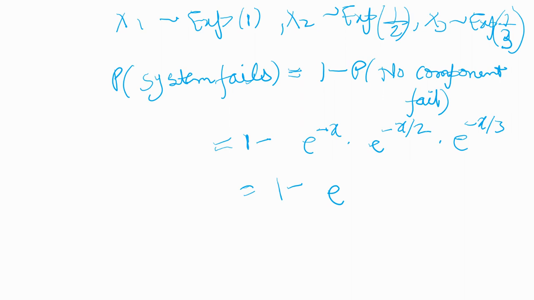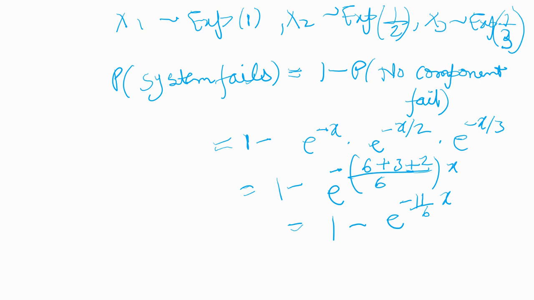The common denominator is 6, and the minus will come out: 6 plus 3 plus 2, which is 11. So it will be 1 minus e to the power minus 11 upon 6 x.